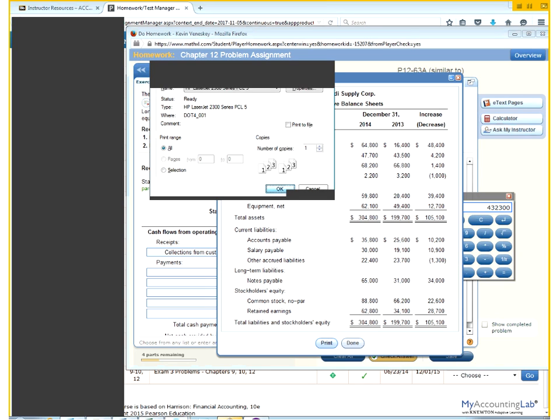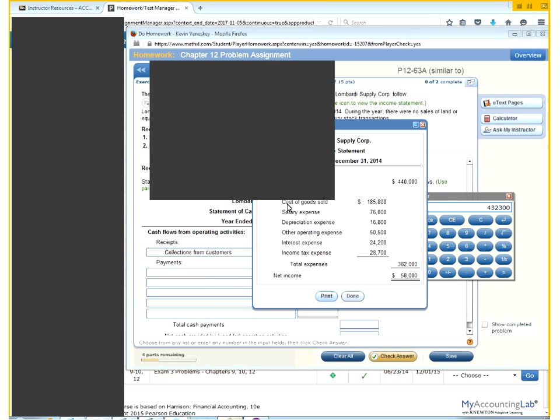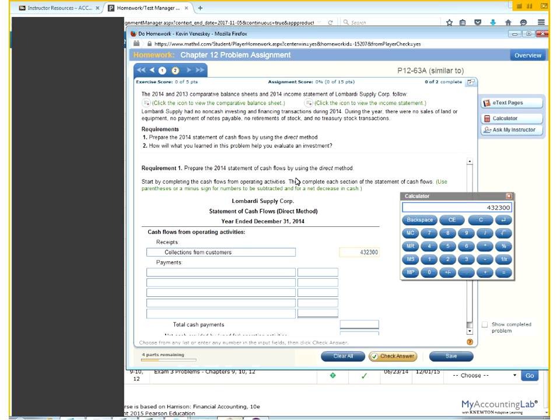So let me go ahead and print this off and print off the income statement. Good thing I saw this right now instead of getting too far into the problem. For those I don't want, so this will be just a second here. Okay. So again, I'm going to make copies of these. I don't know how I'm going to do it yet, but I'll figure out something.